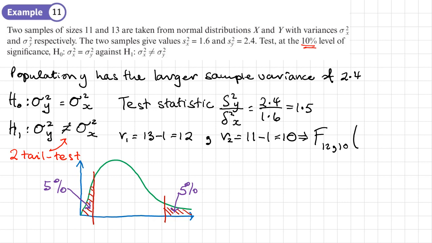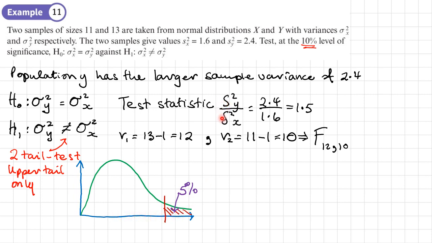Now this brings me on to a point you need to watch out for actually, in that even though it is a two-tail test, we only need to test the upper tail. So upper tail only. Our test statistic is only going to be drifting into the upper tail since we've taken the larger sample variance and divided by the smaller. So we're always going to get a larger value, something greater than 1 up here. So if anything, it's going to drift into the upper tail.